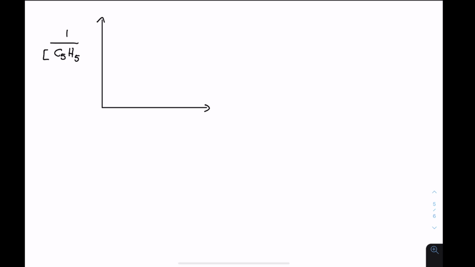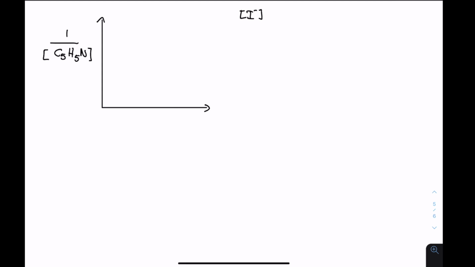Okay, so if you did the exercise, you probably found that if you plot 1 over the concentration of C5H5N, which you can calculate because the concentration of iodine minus was given.